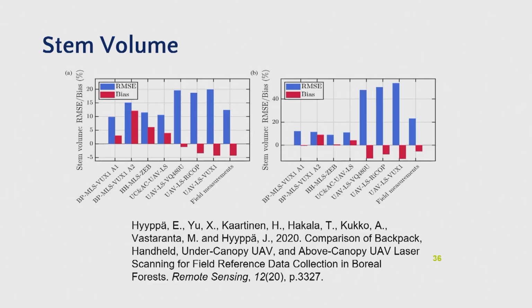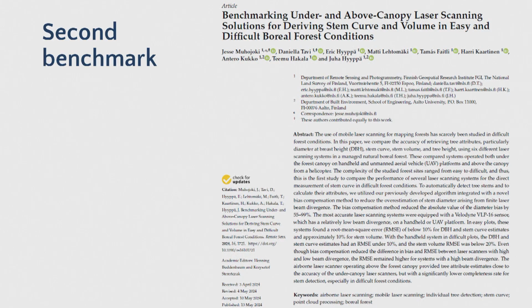So basically what you see is that mobile LiDAR is better than even field measurements. That was really a contradiction of what Xinglian showed, but that was because we do these steps in the processing and it improved. That was the first time I actually understood that anybody can get accuracy that is adequate for operational work. When you get volume at 10%, that is the same accuracy you get by manual field measurements.